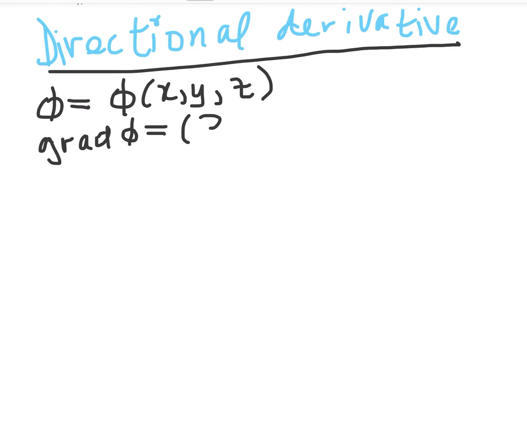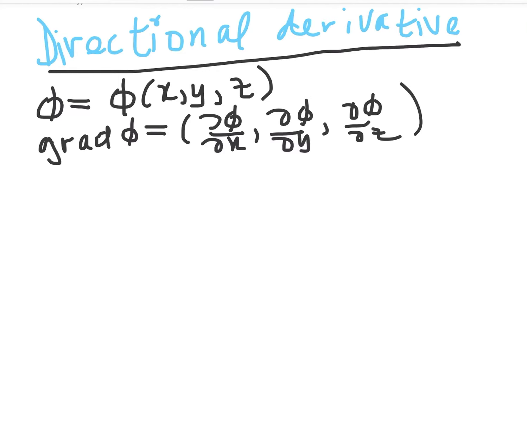So this would be the partial derivative of phi with respect to x, the partial derivative of phi with respect to y, the partial derivative of phi with respect to z. And of course this operator grad can be generalized to 2 variables, to 4 variables, etc.